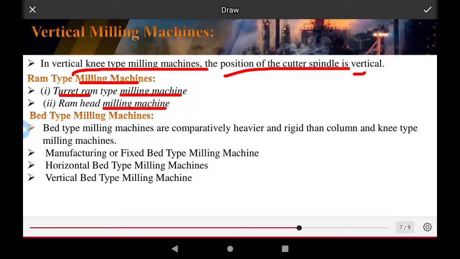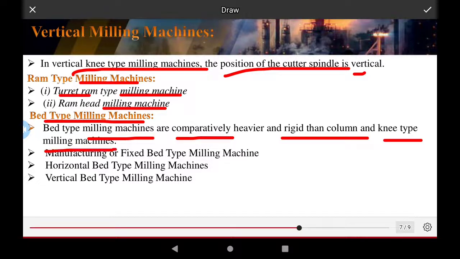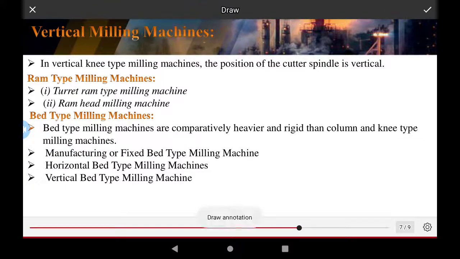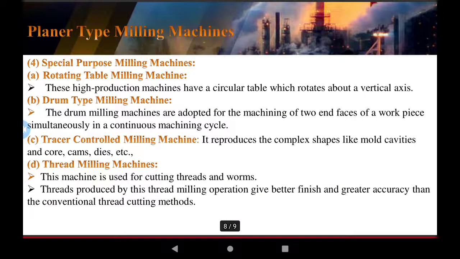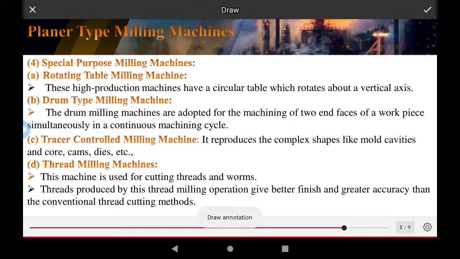The bed type milling machines are completely different from the column and knee types. They include fixed bed, horizontal bed type, vertical type, and planer type milling machines.